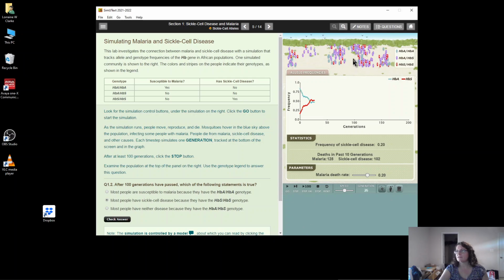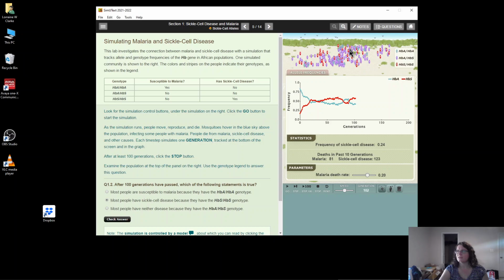All right, so let's see the individuals here, okay? This started out as, so I want to pause for a second, okay? Stop for a moment. We see that it started out as the normal allele being 75% of the individuals, and only less than 25% had sickle cell.